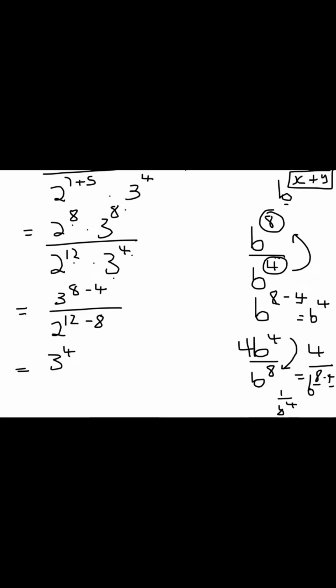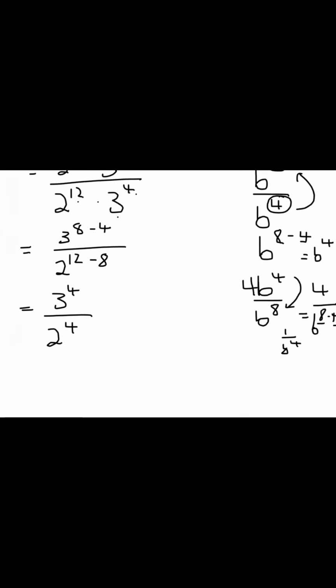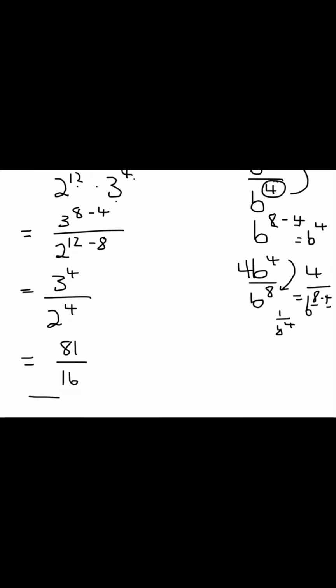Definitely that is 4, over what is 2 to the exponent of 12 minus 8, is it 4? I think it is 4. So finally, you end up having your final answer 3 to the exponent of 4, that is 81. I've just done it not long ago. And then 2 to the exponent of 4, definitely that is 16. So that means this is the end of it.